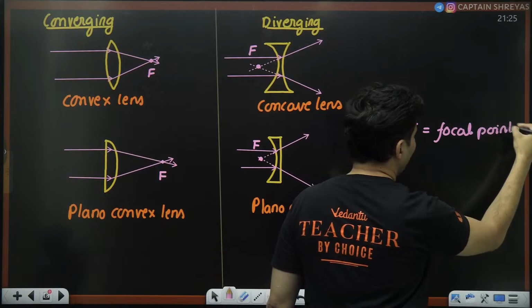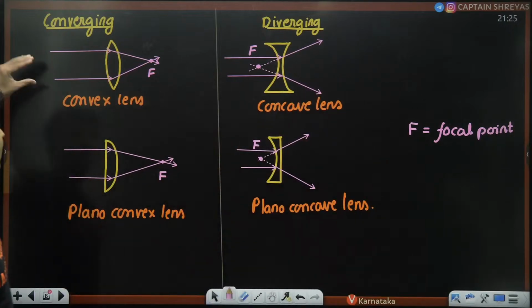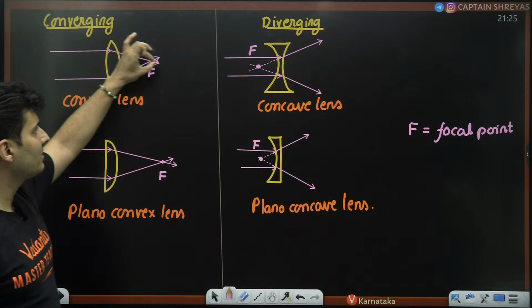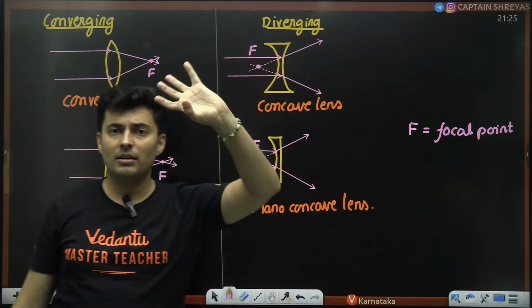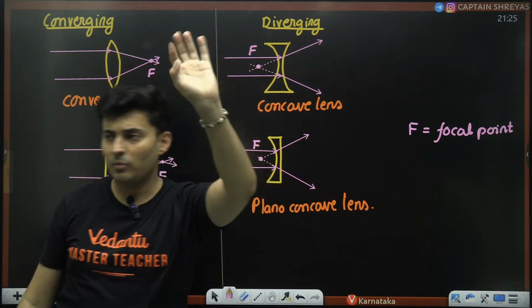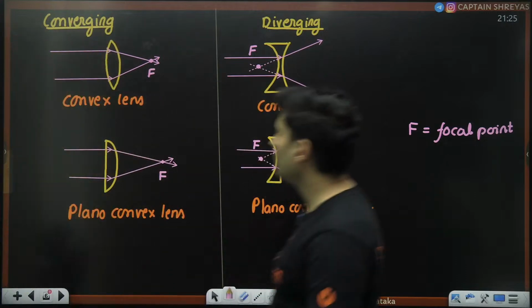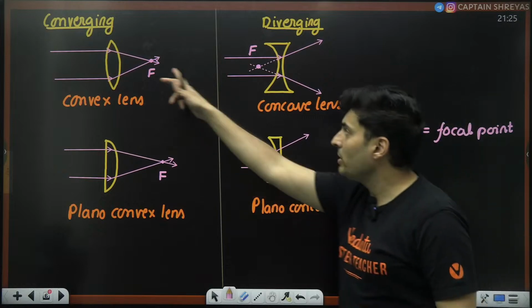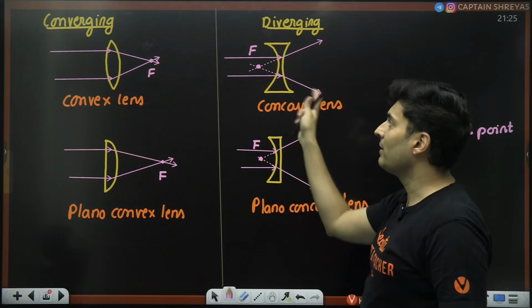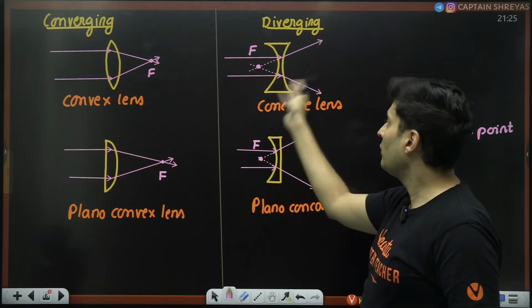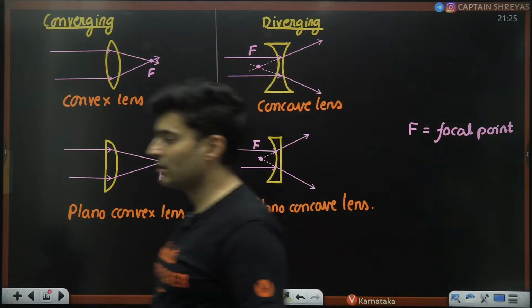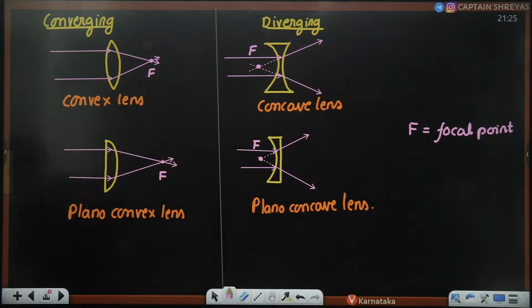If a parallel beam of light is incident on a lens, wherever they meet, that is the focal point. It might actually meet, or appear to meet if you extend it backwards. Either way, it is the focal point, correct?